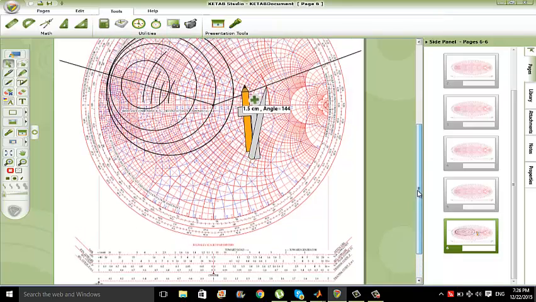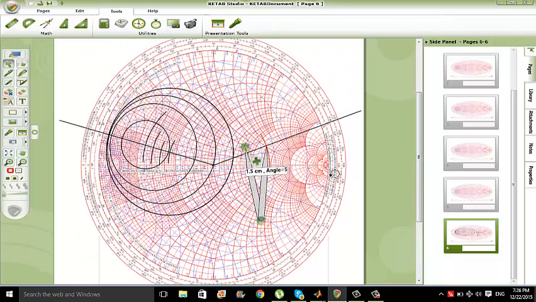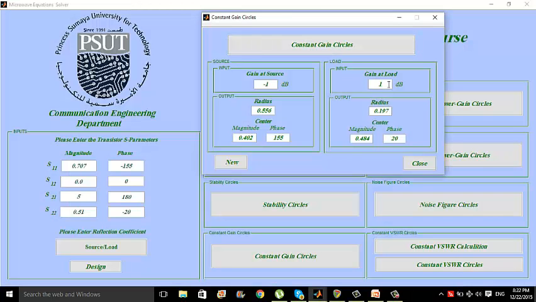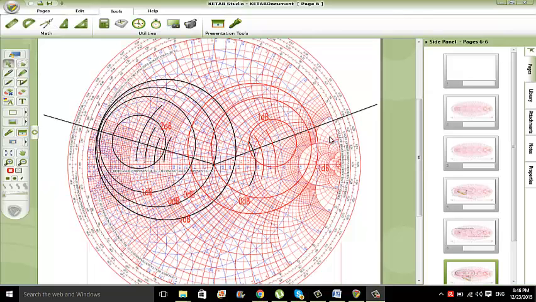Going back to the intersection, which will be our center, we draw the circle. Now we go back to the calculator and calculate the radius and the center of 0 and minus 1 dB. The 0 gives these values, and we put minus 1 here and click here to get these values of radius and center. Now this is our final result on the Smith chart.